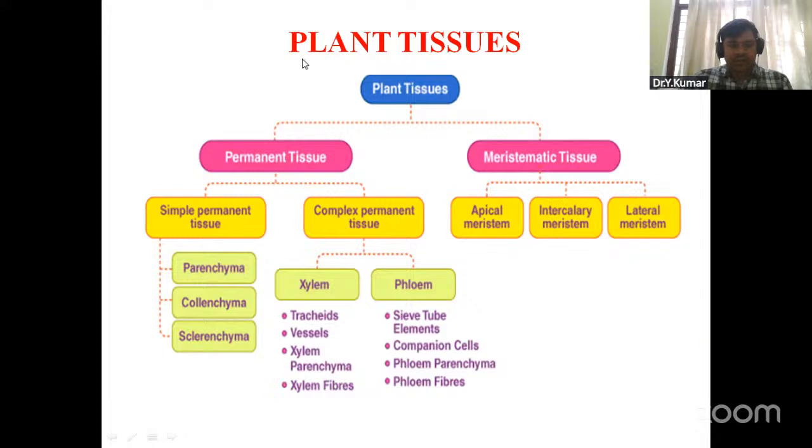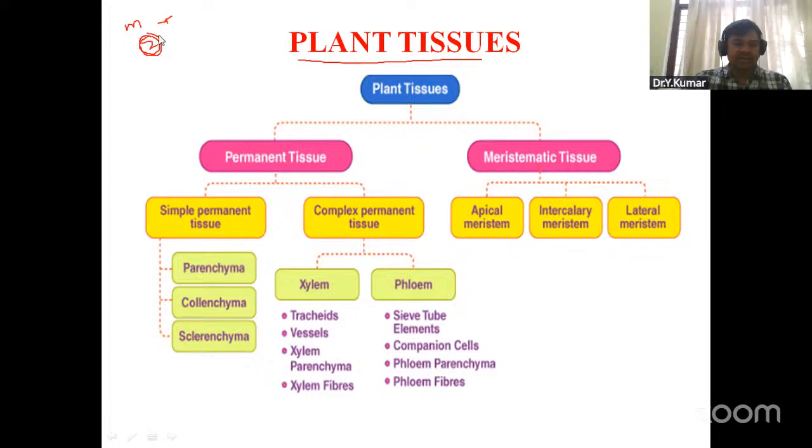So before tissue formation, after fertilization, male and female gamete fusion forms a zygote, a single cell. The zygote is the single cell.